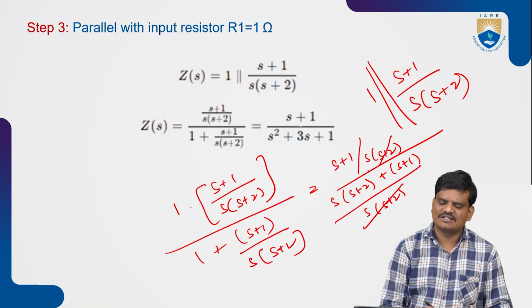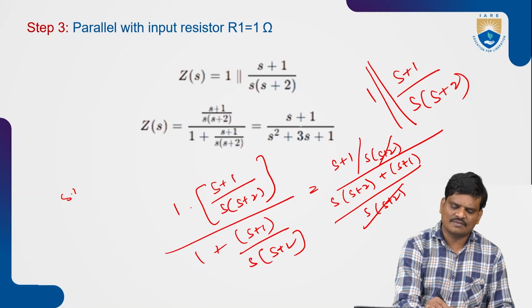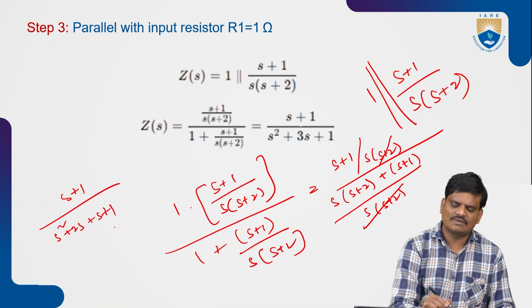So this term gets cancelled. What is the result obtained? S plus 1 by S square plus 2s plus S plus 1, which can also be written as S plus 1 by S square plus 3s plus 1.